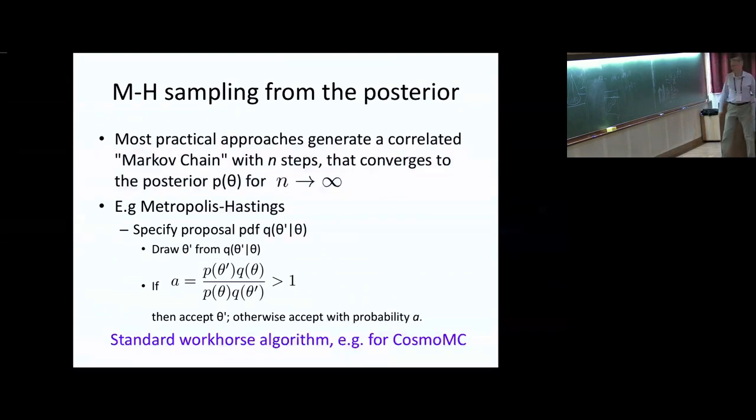How do you explore that function? Well, you could just grid it. Okay, if you have one parameter, two parameters, just make a grid, search through the space, see where this function has support, where it's very small, where it's large.